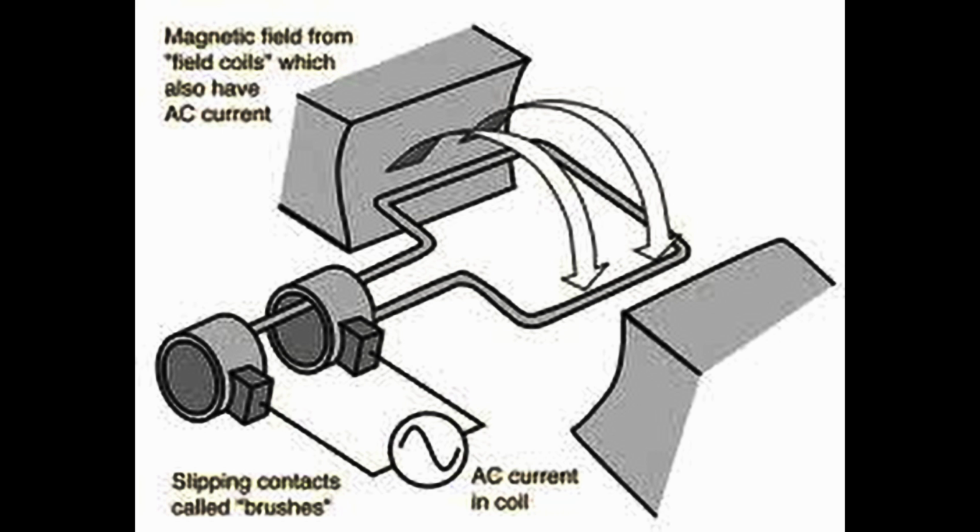And in the case of a generator, this produces a current in that coil, which is then used for an alternating current source to drive our lights and our heaters and our laptops and definitely everything you are using to watch this video. So Faraday's law is very important for everything we do today.